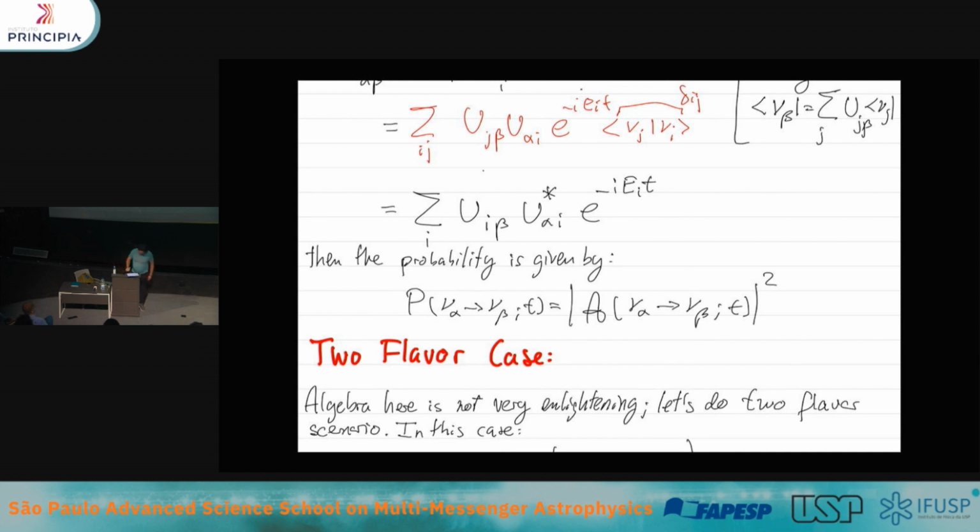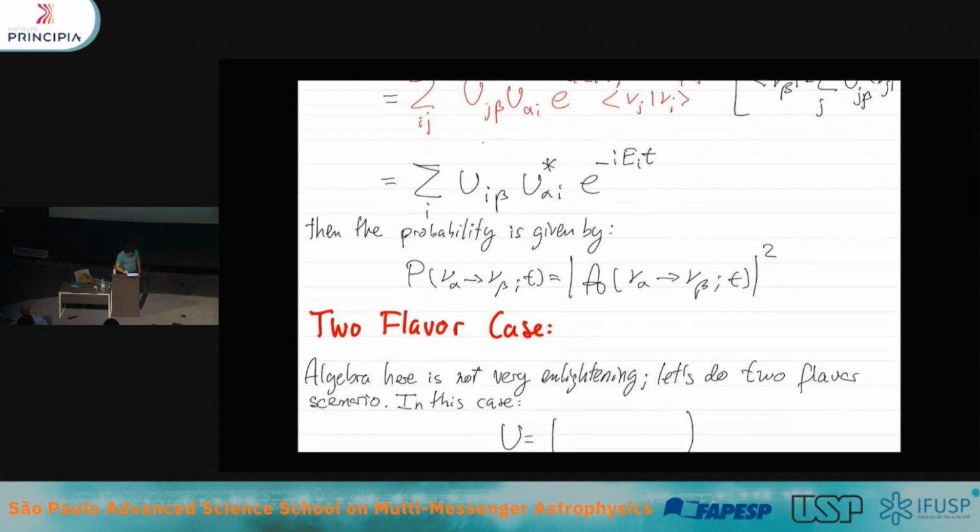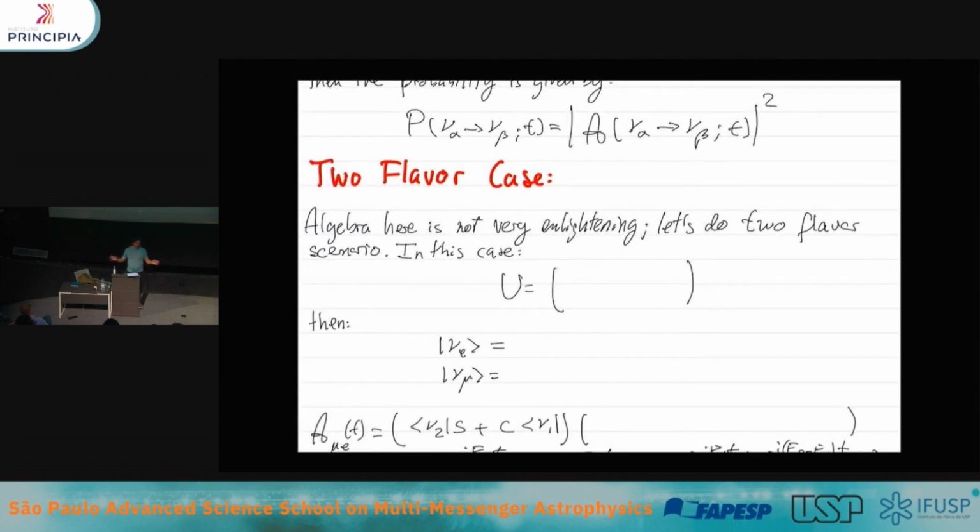Okay. So now my problem is, what's this E_i t state here? In 3 flavors, it's a little messy. So I'm just going to do it in 2 flavors because that captures the main features I want to use for my lectures. But you should do it at home for 3 flavors because it's a nice exercise.